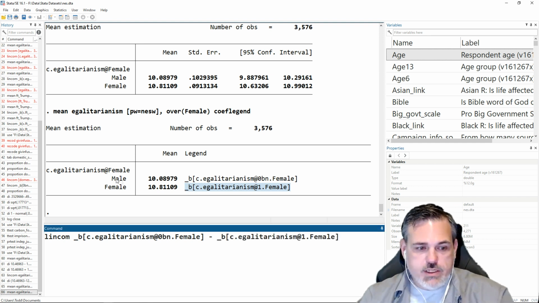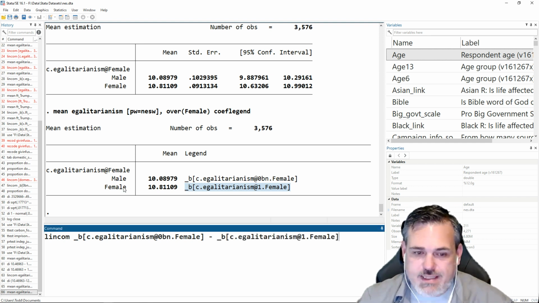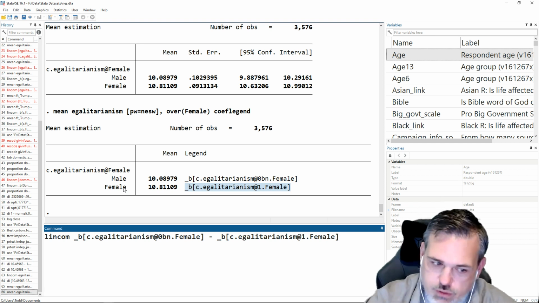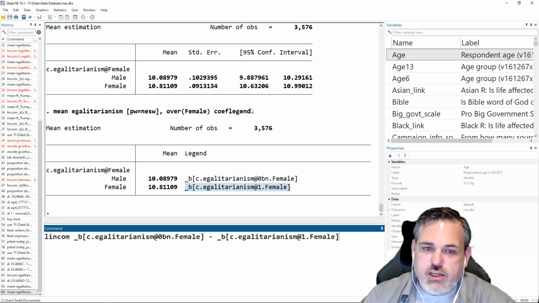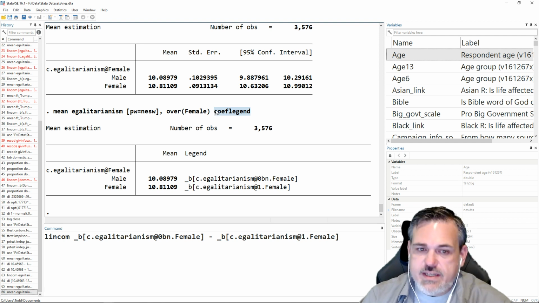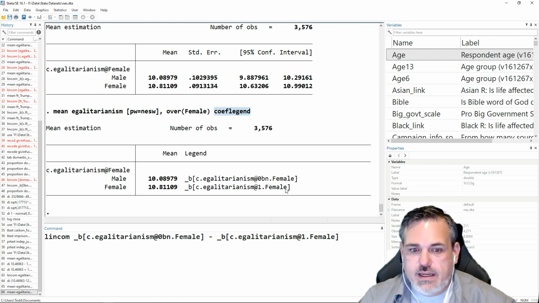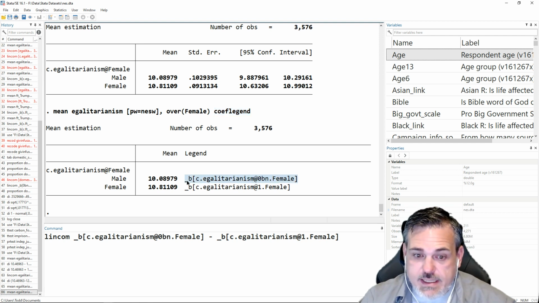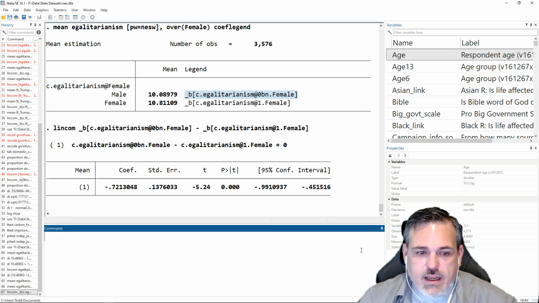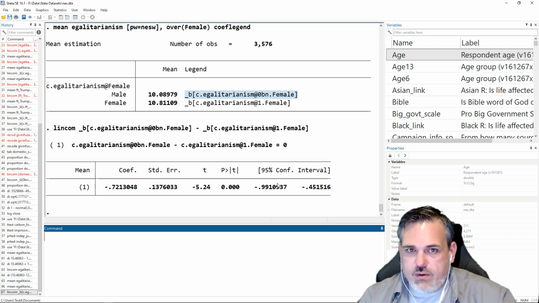So we're subtracting male from female. It's exactly what the book tells you to do, but the command is different, and you have to pull this out with the coefficient legend. The easiest way is simply to copy and paste here. So that's what I was doing. I simply copied and pasted it. And you'll see that we get exactly the same output that the book got.